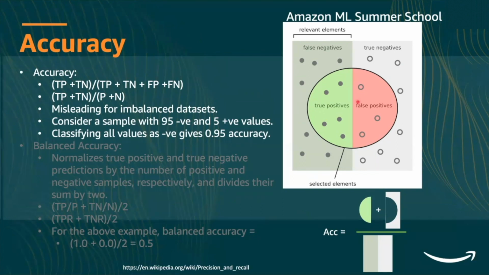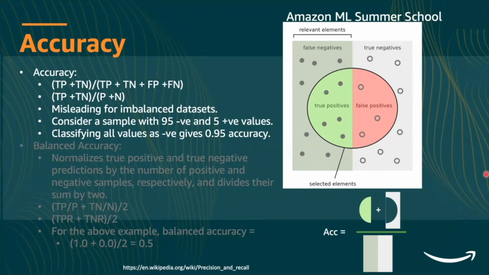The total correct predictions were this green block and this part of the square where the model predicted the true negatives. So it's the sum of true positives plus true negatives divided by the total number of samples. However, for an imbalanced data set, wherein the number of samples of one class is much higher than the other class, the accuracy metric is misleading.